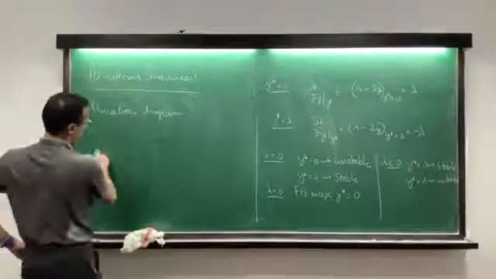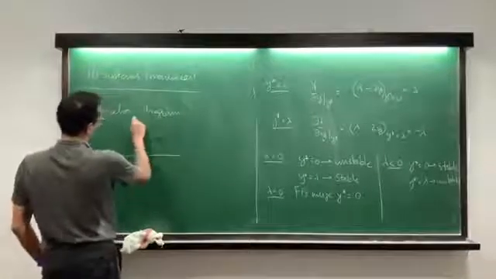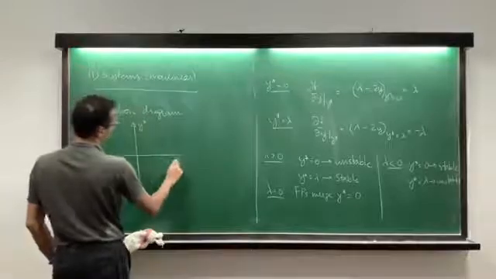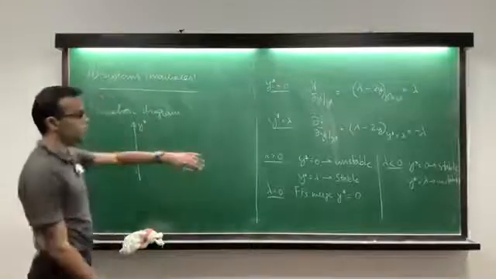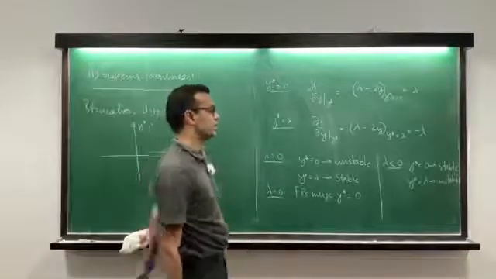So, again, bifurcation diagram is what you draw with y star and lambda. So, you look at the fixed points, their positions as a function of lambda.